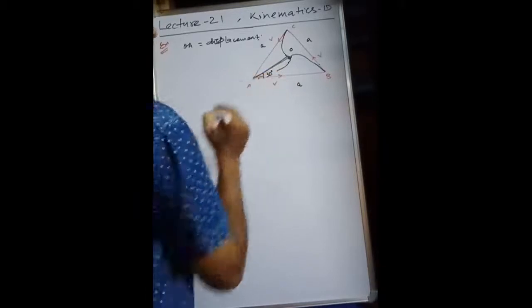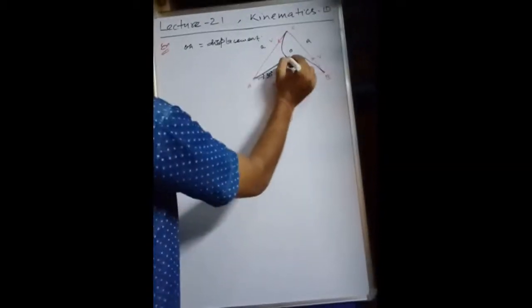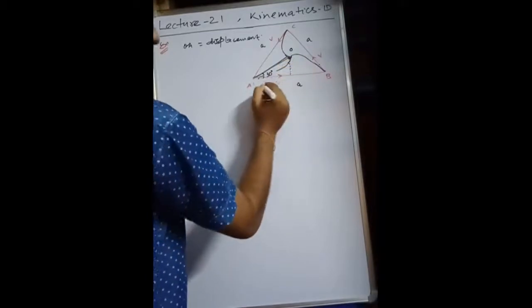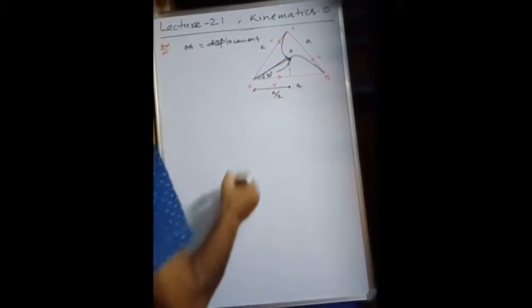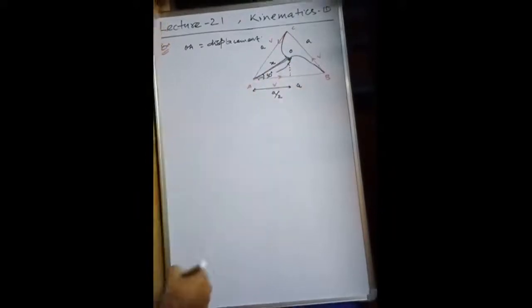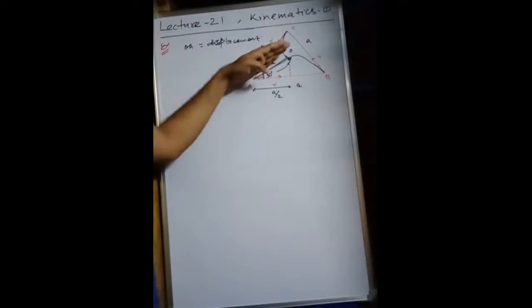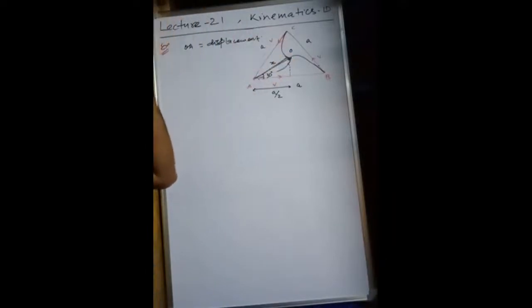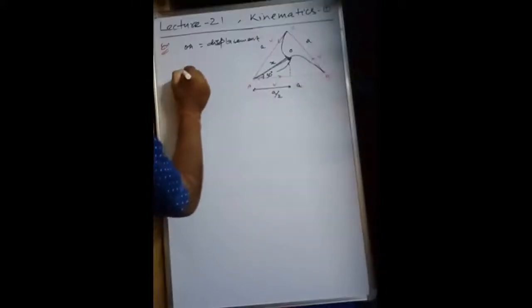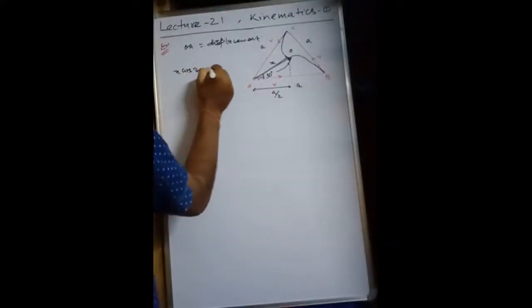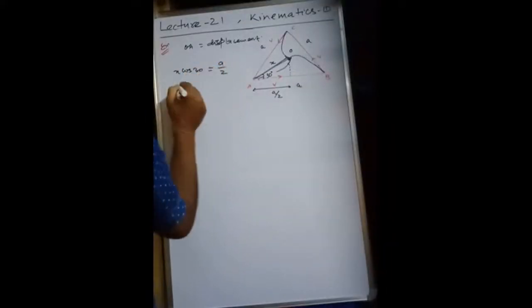Leaving the perpendicular, this distance will be how much? It is a by 2. Suppose this is x that we have to find. If we break the component of this x over this axis, it is x cos 30, which is equal to a by 2.